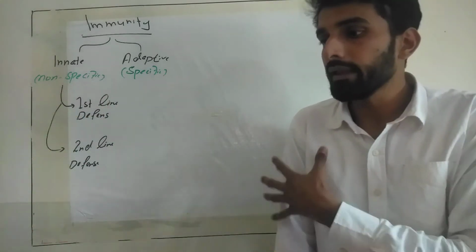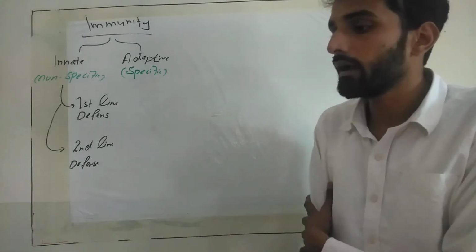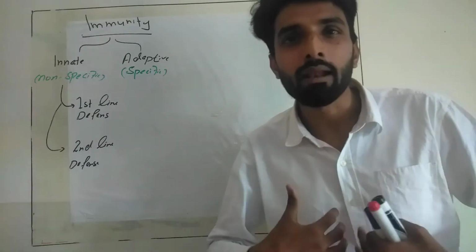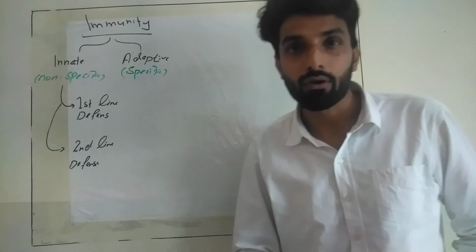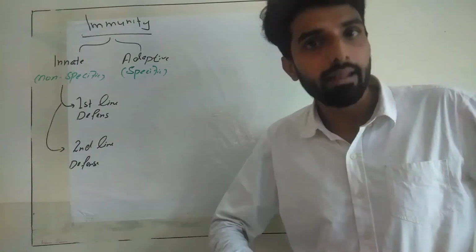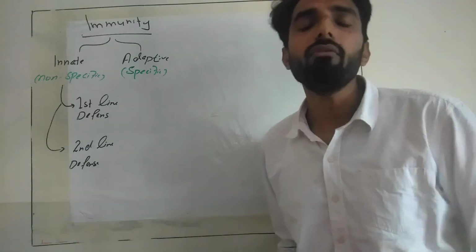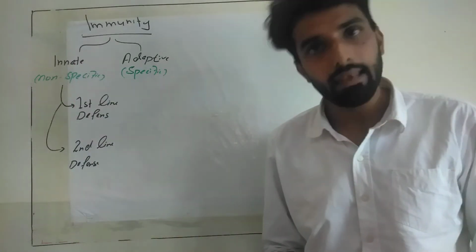We didn't get our skin after being exposed to antigen. So this skin, or other organs like the mucous membrane present in our intestinal tract, like hair present in our nostrils, like HCl present in our stomach, protects us from invasion of foreign particles. So this is the first line defense of innate immunity.